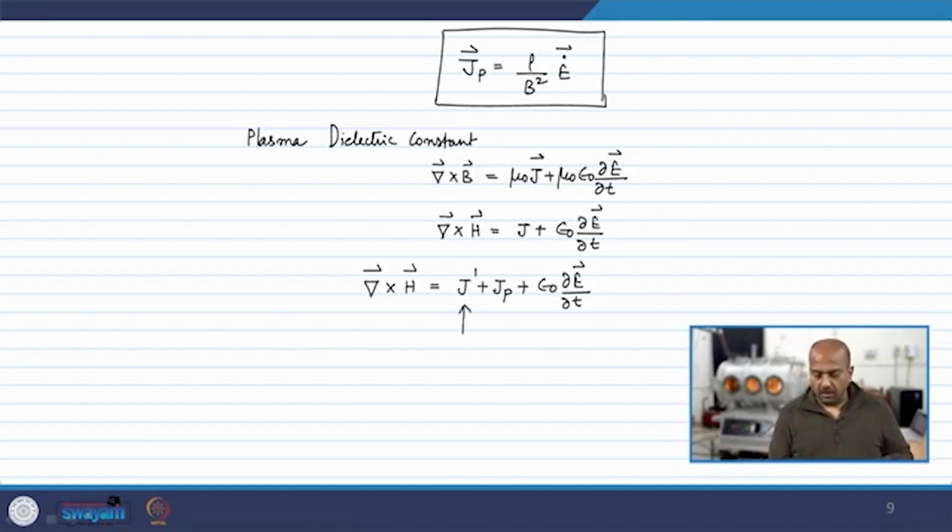It can be anything, and Jp is the current density because of the time varying electric field. Okay. So, using the expression that we have obtained, del cross H can be written as, let us write J prime.